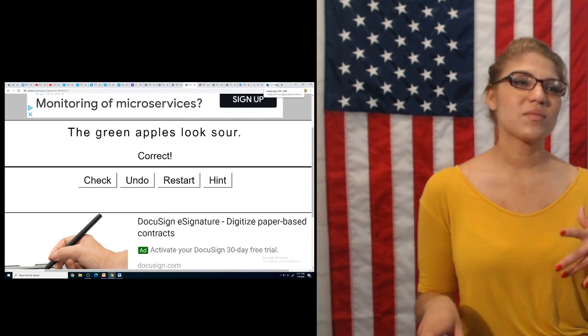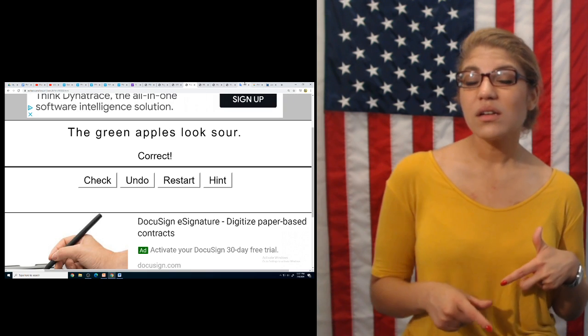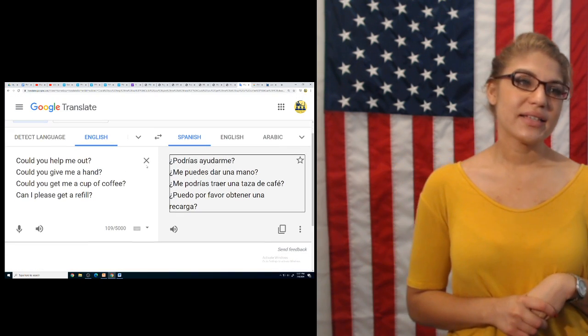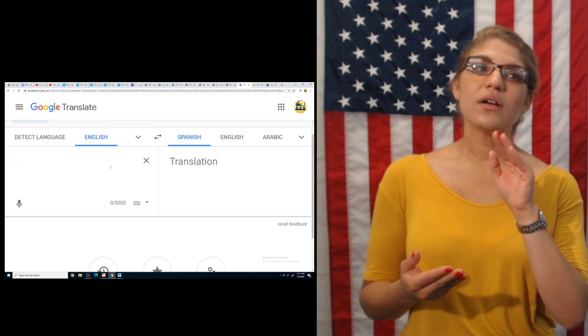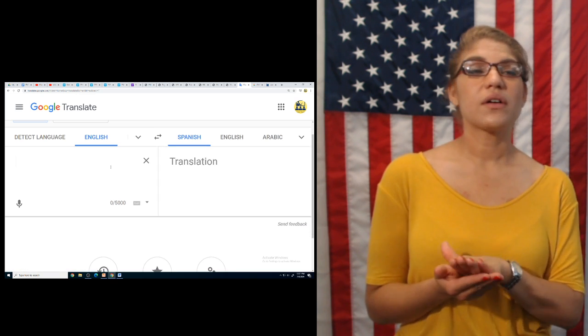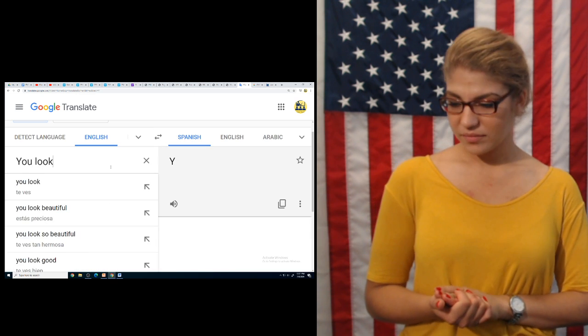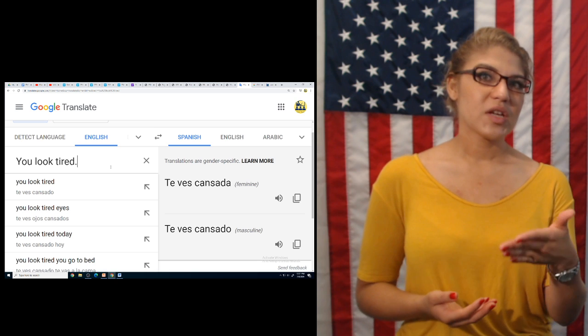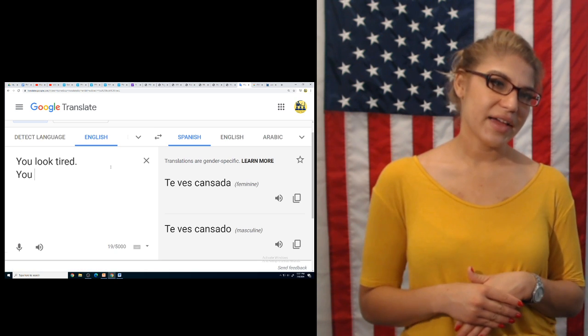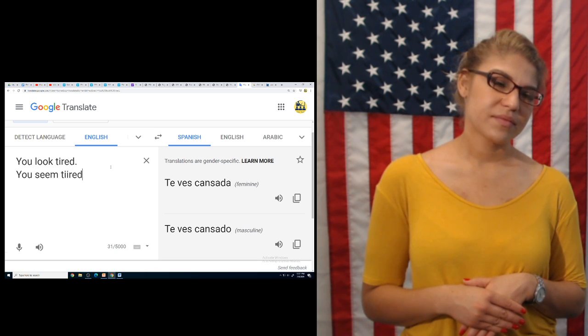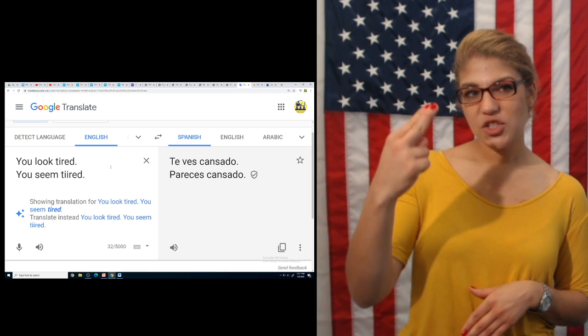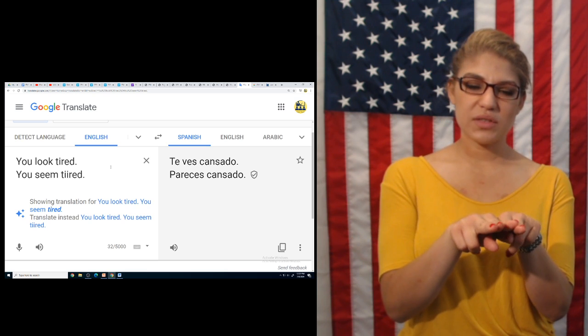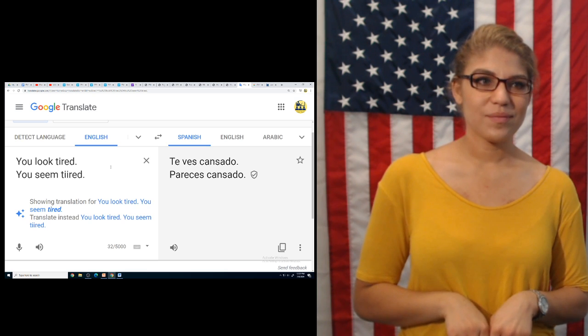So we will make some sentences with the word look. For example, you look tired. You seem tired. Our intention for those two sentences is equal.